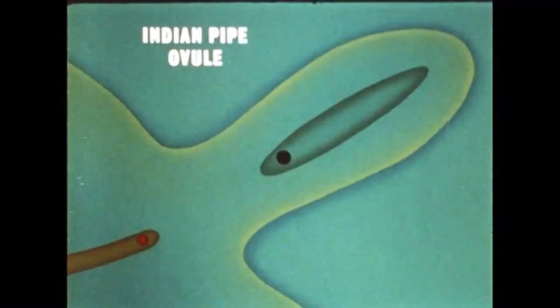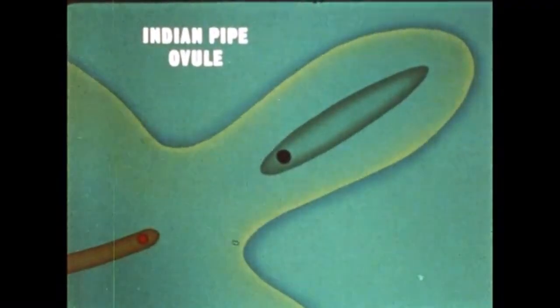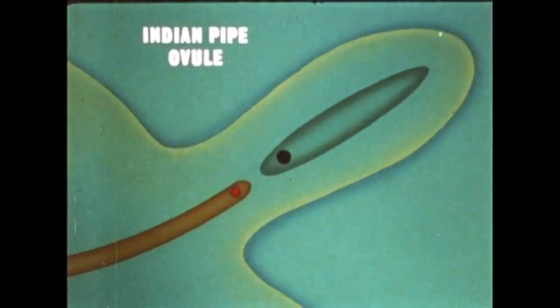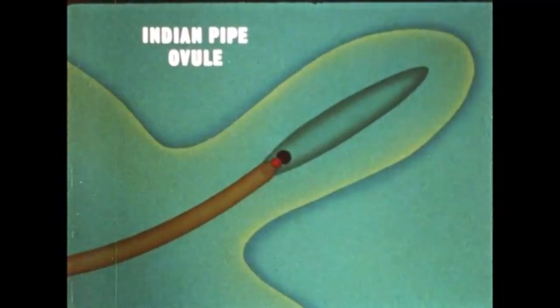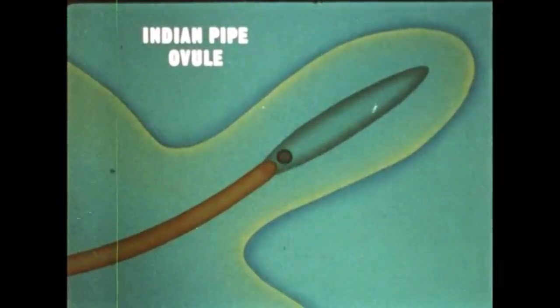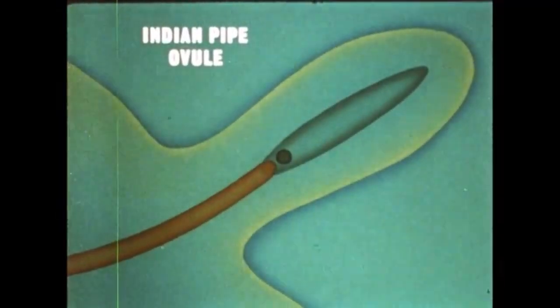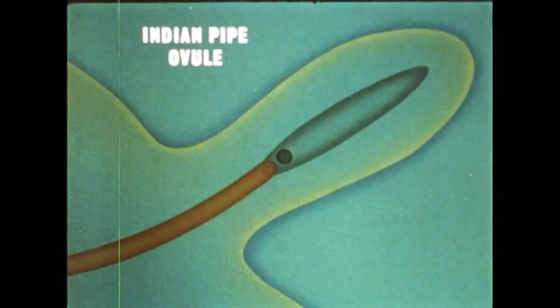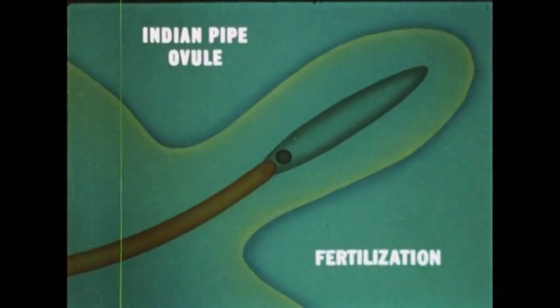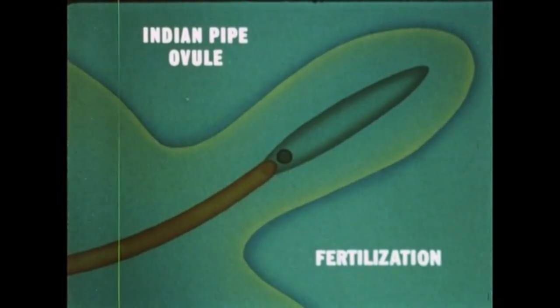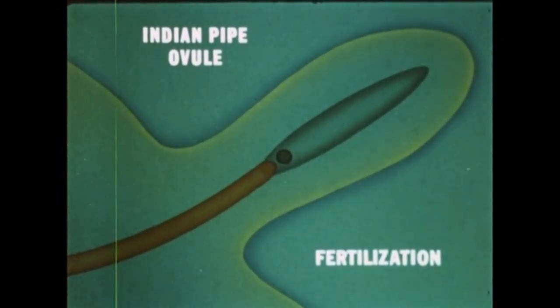When the tube reaches the embryo sac, the sac wall is digested. Then a sperm nucleus flows into the embryo sac and unites with the egg nucleus. The joining of the sperm and egg nuclei is known as fertilization. Fertilization is the beginning stage in the life of a new plant.